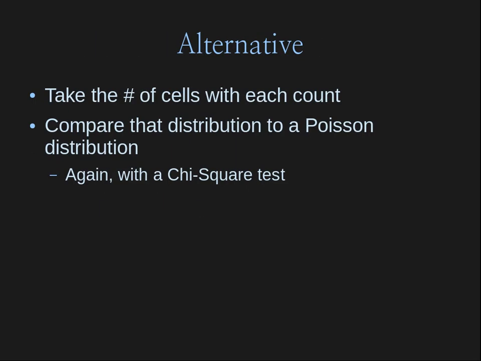So let's talk about an alternative that at least takes care of one of these problems. That is the Poisson test, which is often just called the quadrat test in spatial statistics. What we do is we take the number of cells with each count number. How many had 0? How many had 1? How many had 2 points? And then we compare this distribution to a Poisson distribution.